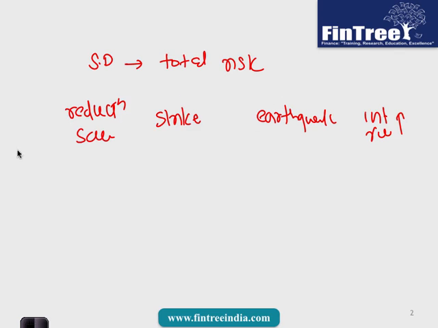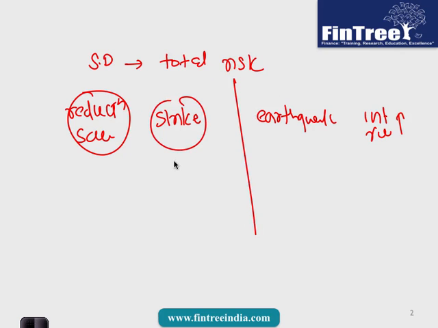Now, if there is a reduction in sales of Tata Motors, will it affect the value of your portfolio significantly? No, it will not, because Tata Motors may now be just 1% or less than 1% of your portfolio. If there is a strike in Tata Motors, will it affect the value of your portfolio? No. But if there is an earthquake in India, will this affect the value of the portfolio? Yes. If there is an interest rate increase, will this affect the value of the portfolio? Yes.